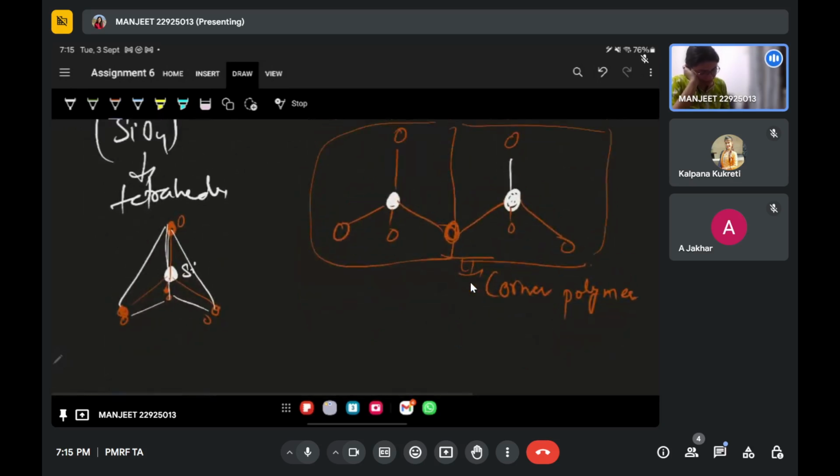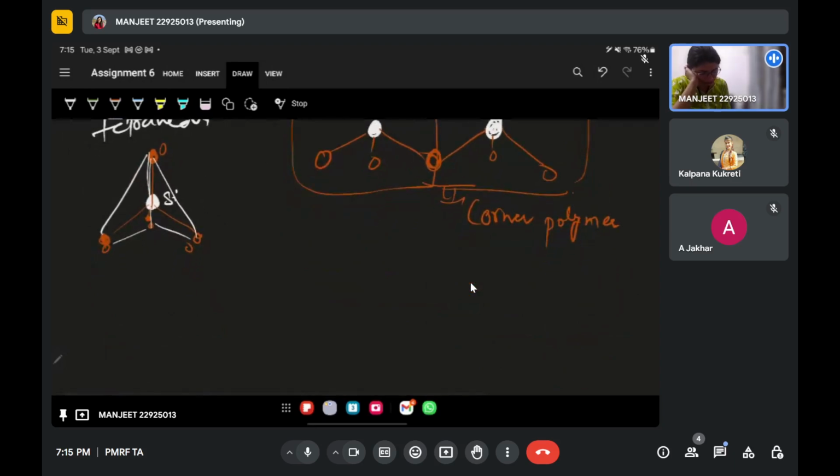In the edge case, we have the same structure of the polyhedra. This is your silicon, and oxygen, oxygen, oxygen, oxygen.